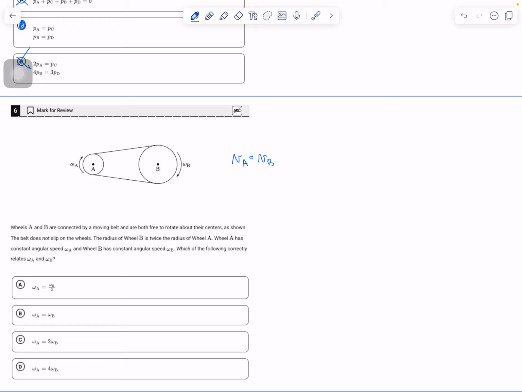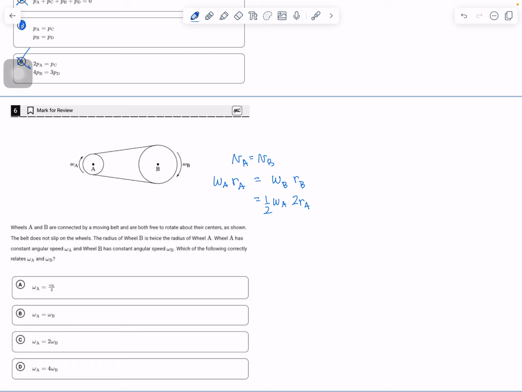motion. So I know that this is going to be omega A times RA. It's going to be omega B times RB. I know that RB is twice RA. So in order to be equal, this has to be 1/2 omega A, because that's the only way they'll cancel so that I get them equal to each other.